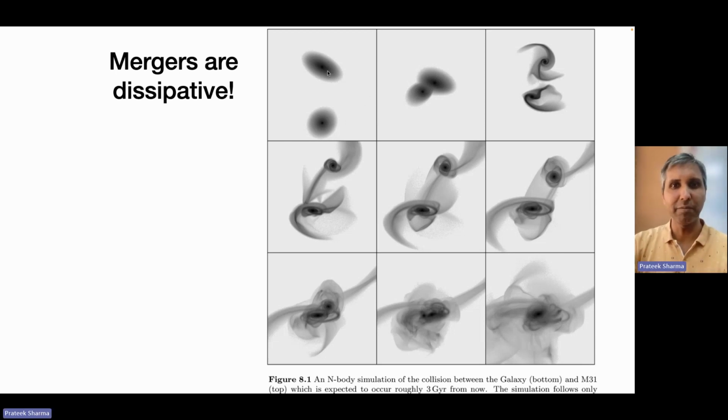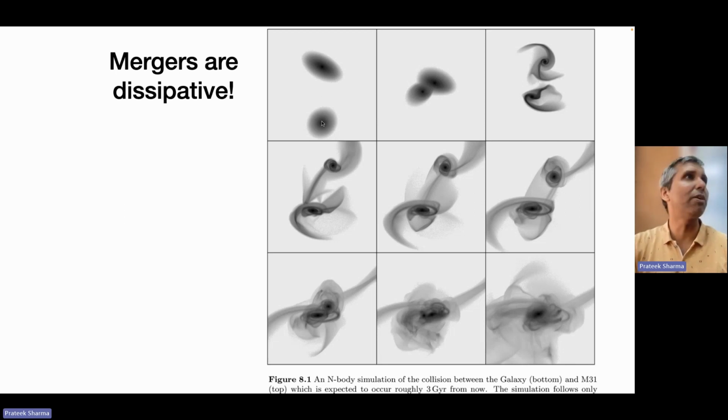Okay, let's see. So this is at some early time. This is for a total of 3 giga years, I guess. This is from Binney and Tremaine. If they were point particles, they would do Kepler's orbits around the center of mass. It's all well known. Nothing will change in time; they would just go around each other forever if they were point masses.